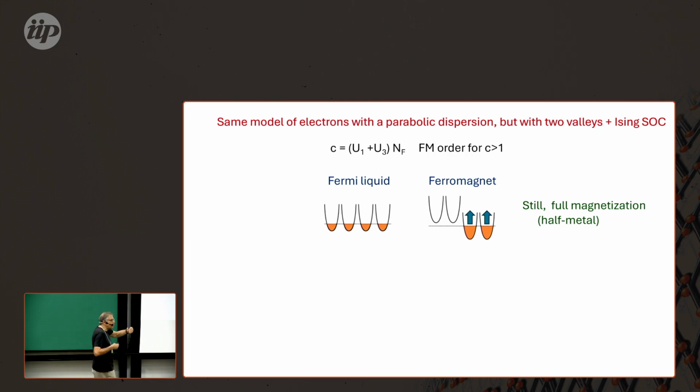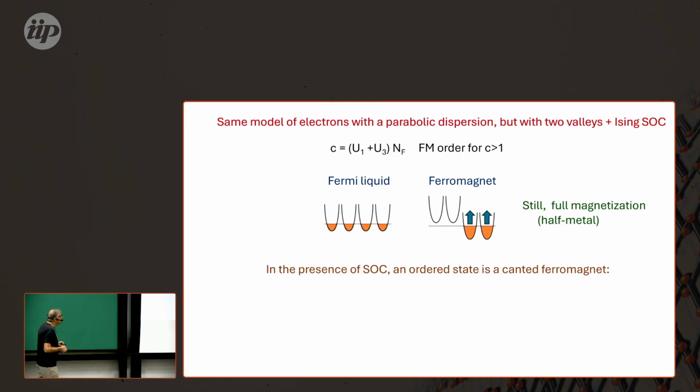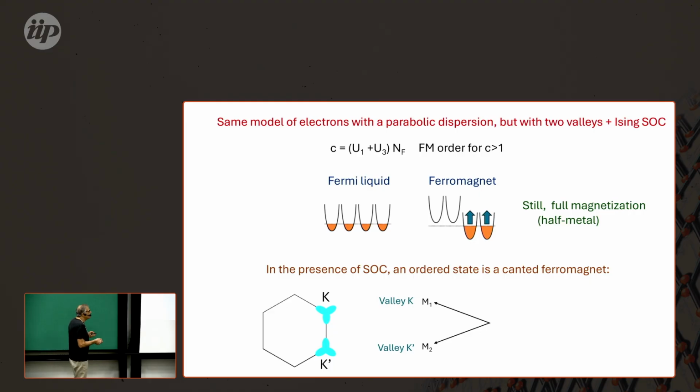Despite the spin-orbit coupling being present, it's still a first order transition into a fully polarized half-metal state. The only difference in the presence of spin-orbit is that the magnetization, these two values, are not identical. There is of course spontaneous ferromagnetic order, this is what happens here. But there is also spin-orbit induced antiferromagnetic order, different in the two valleys. Yes?